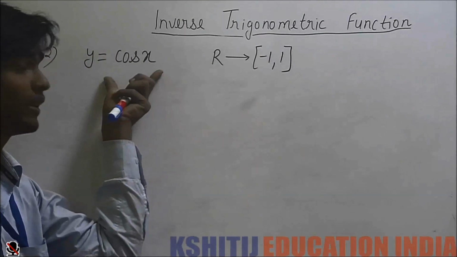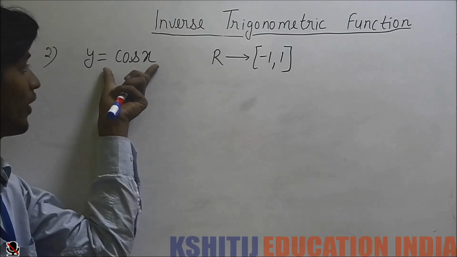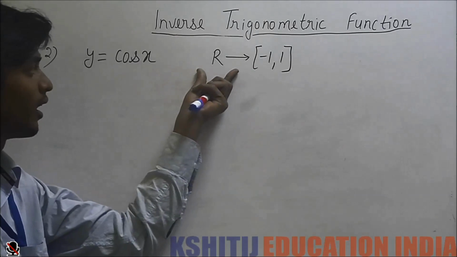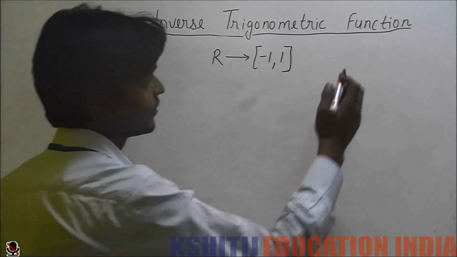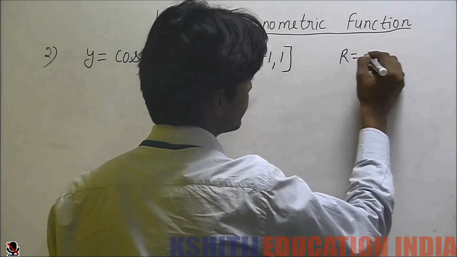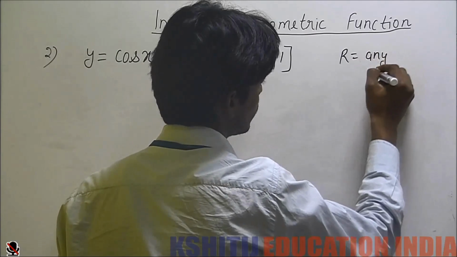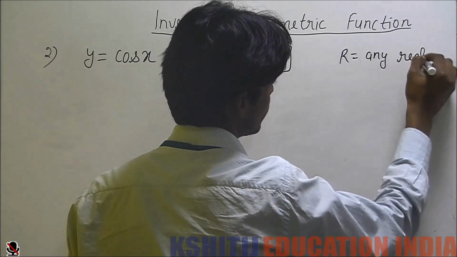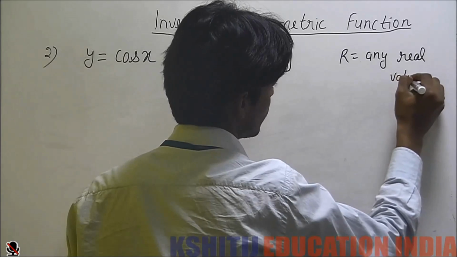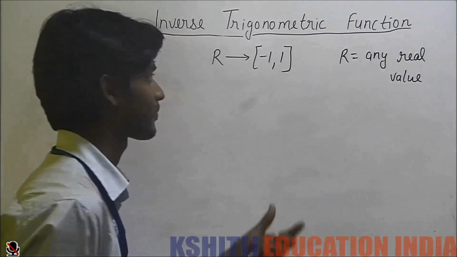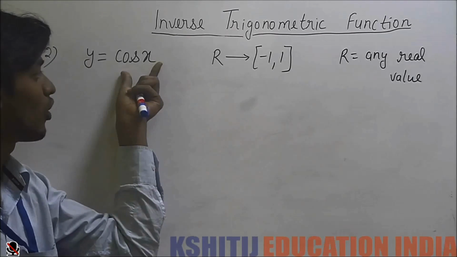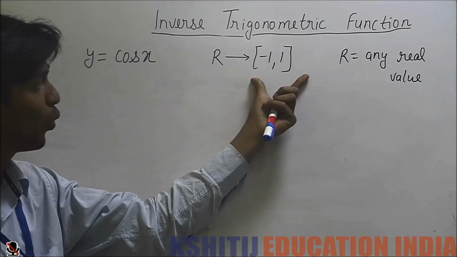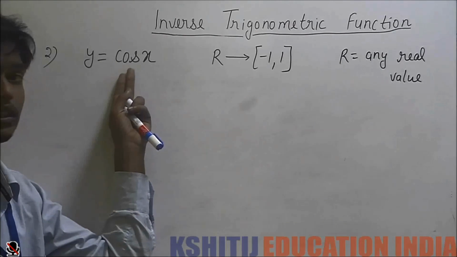We know that the term cos of x has the domain R, where R stands for any real value. R is the domain of the function cos of x, and -1 to 1 is the range of the given function cos of x.